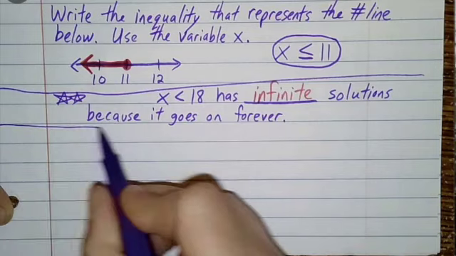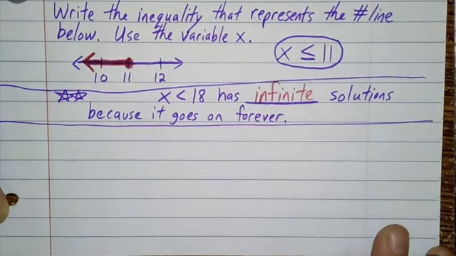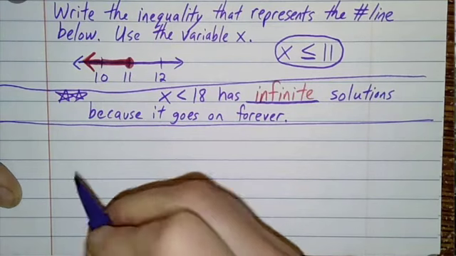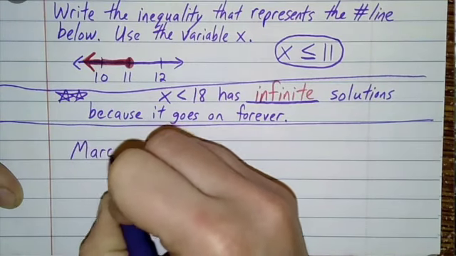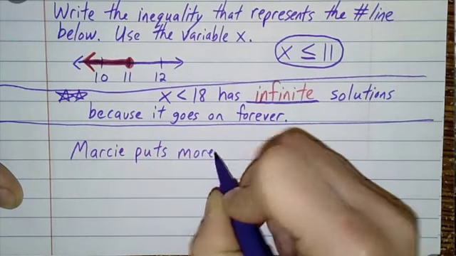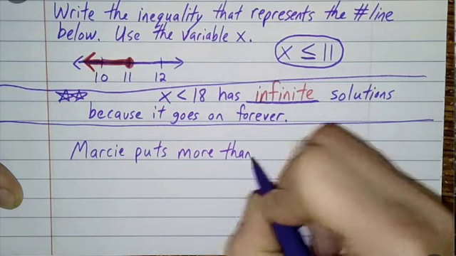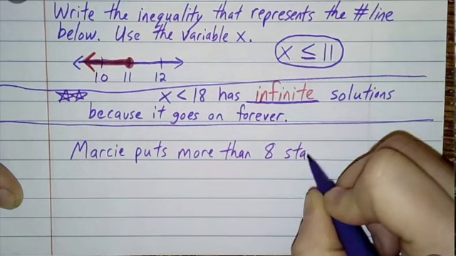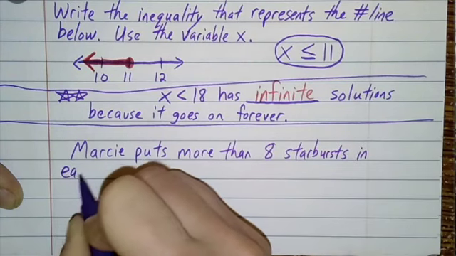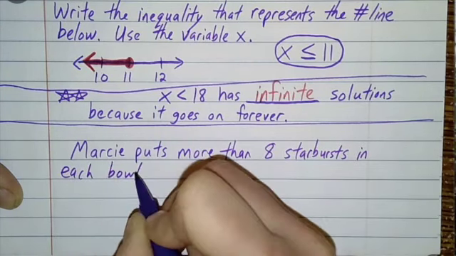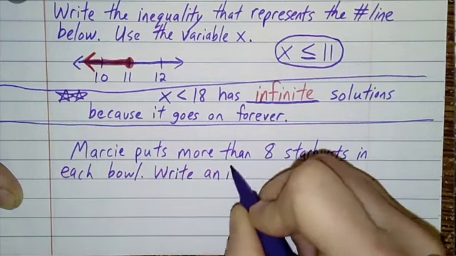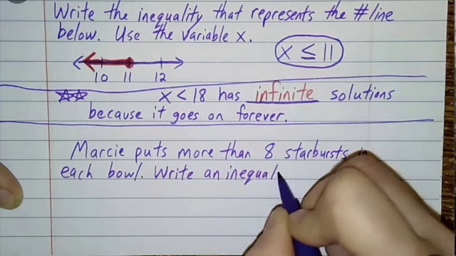The next part I want to get into, draw a line here, is kind of like a story problem where you have to write the inequality. So the story problem is going to say something like this: Marcy puts more than 8 starburst in each bowl. Write an inequality to represent the number of starburst in each bowl.